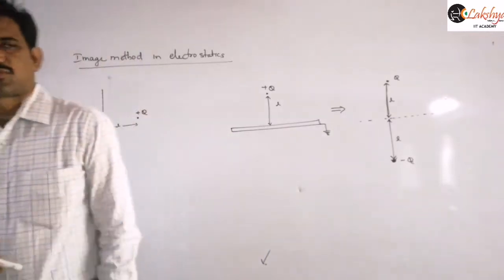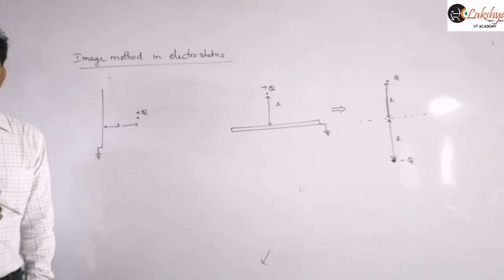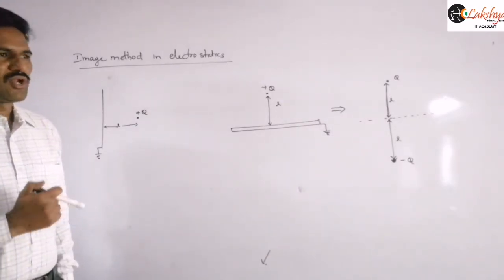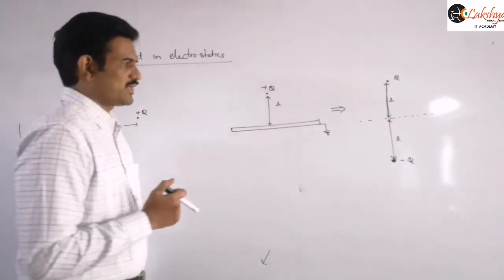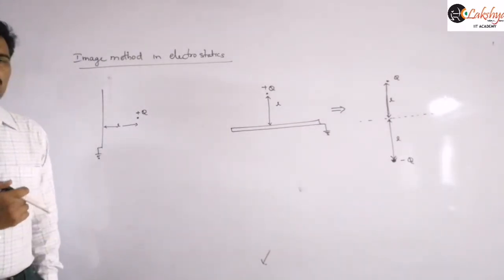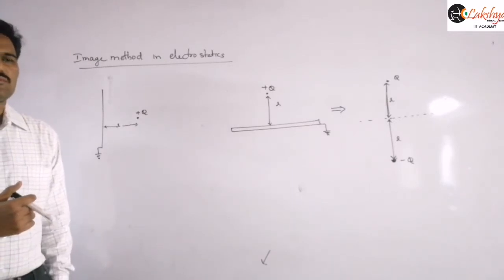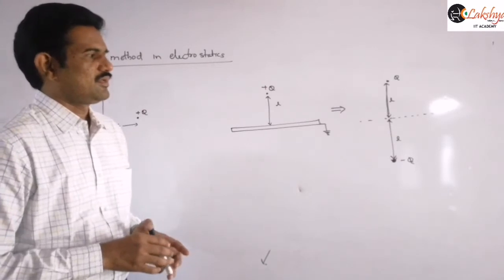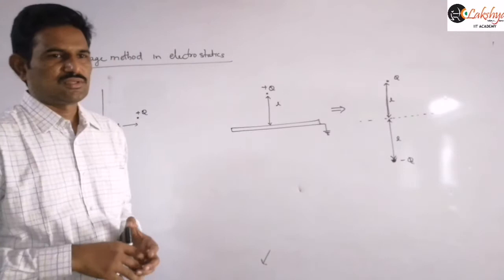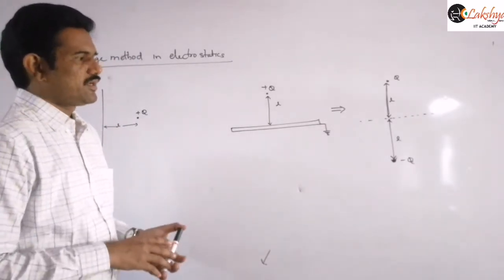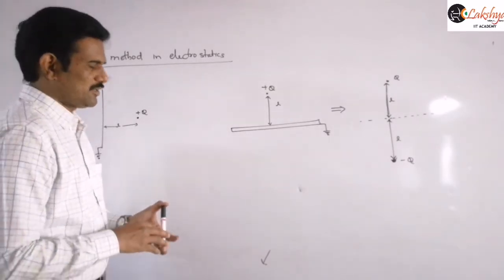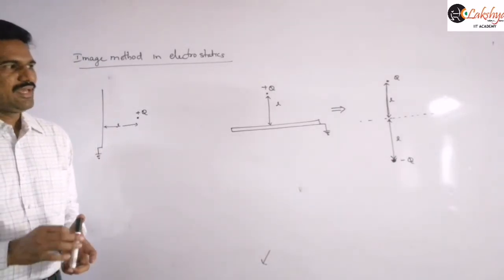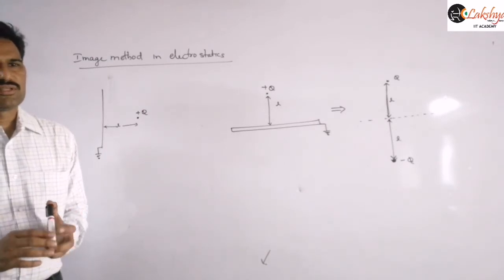In the image method, first write about this. In the image method, the given charge configuration above a grounded conducting plane is replaced by the given charge configuration itself, comma, its image, and the conducting plate is replaced by an equipotential surface.